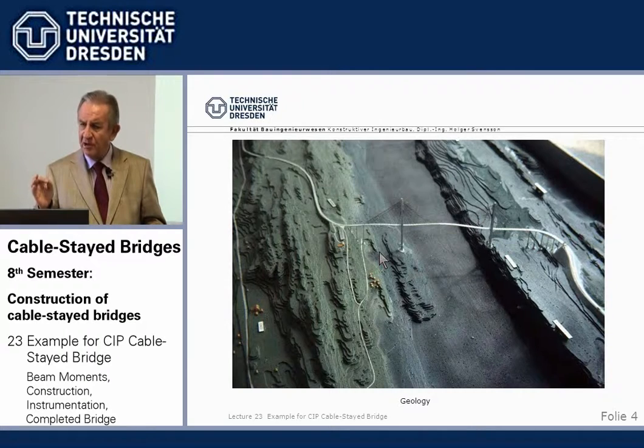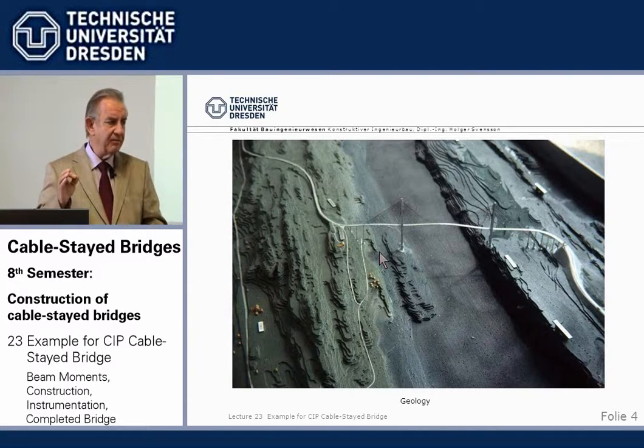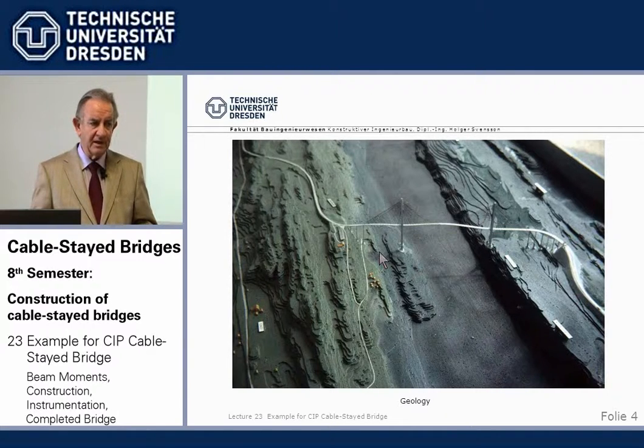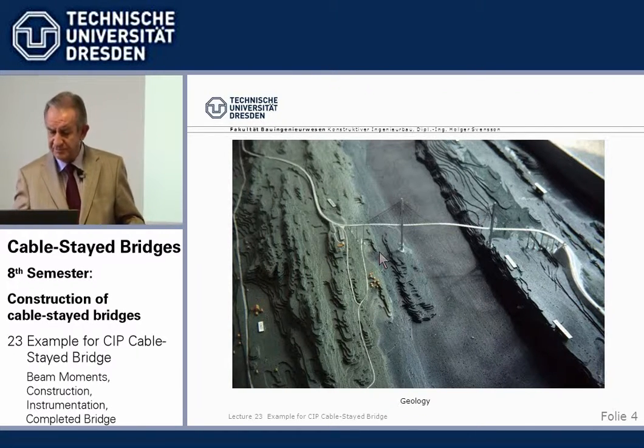The problem, however, is the very strong winds, especially in winter in the north of Norway at the west coast, at the North Sea. There are very high, very often occurring storms, and they were the main problem for the sizing of the bridge and for the construction itself.